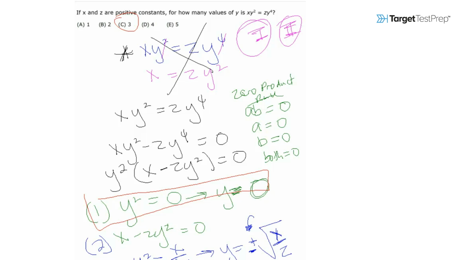Because x and z are positive constants, this is 2 solutions right here: plus or minus square root of x over z. So when you add in that y could be 0, now you have a total of 3 solutions, or 3 values of y that will make this equation true.